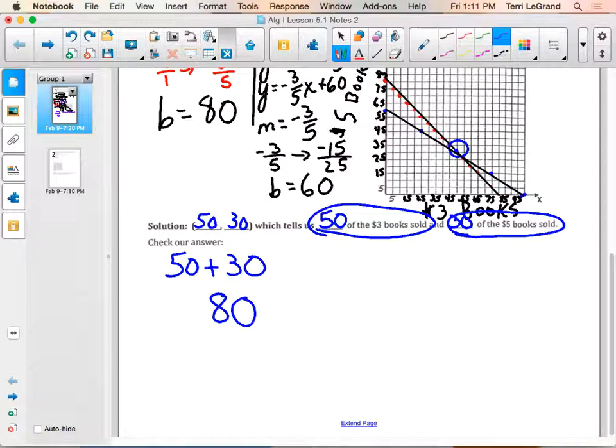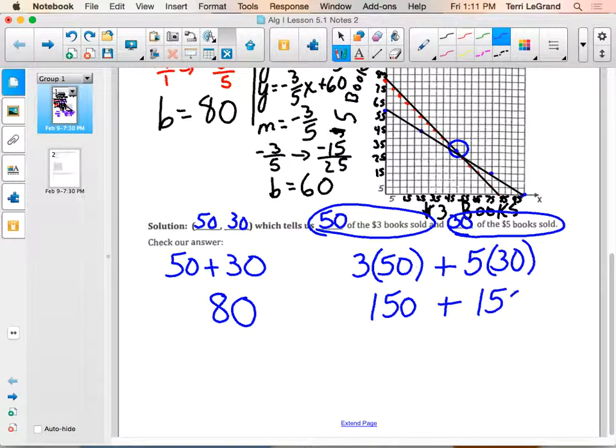Well then, what else? If 50 $3 books sold, we take 3 times the number of books, and that'd be 150. And then we take 5 times the number of books of that price that sold, and that just happens to also be 150. And when we add up those two sales, it is 300. So it seems like we have a pretty good answer, doesn't it?